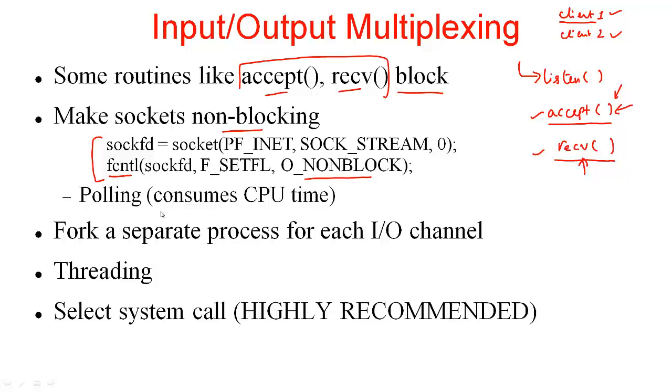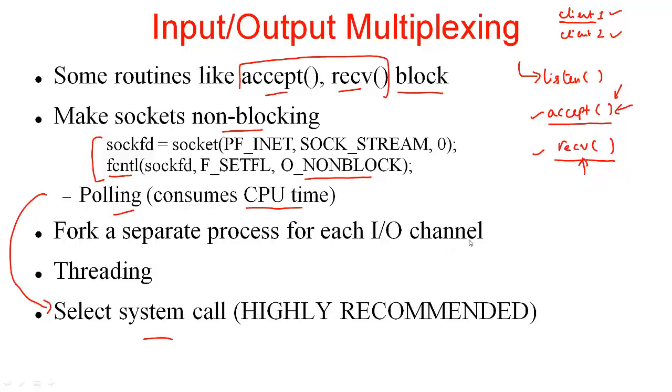But then you have to poll the sockets to see if something interesting is happening on the particular socket. That is, whether you are receiving a new connection or you are receiving some data. This polling is very wasteful of the CPU time. It slows down the server process significantly. So you don't want to do that. The solution there is to use this select system call. This is highly recommended. I will get into the details of this shortly.